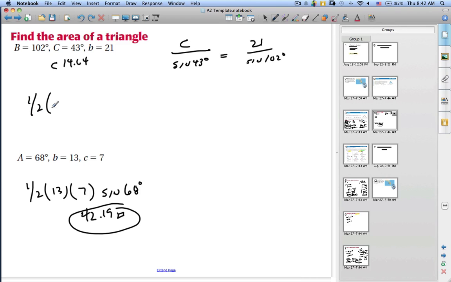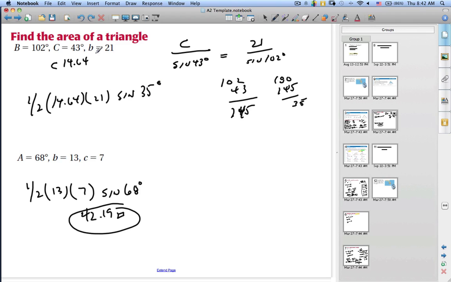Now I can go ahead and do my problem, which is going to be 1/2 times 14.64 times 21 times, again, I have C, B, I need angle A now. Oh boy, that's so tricky. So I have 102 plus 43, which is 145, which I take out of 180, and I get 35 degrees, so the sine of 35 degrees.